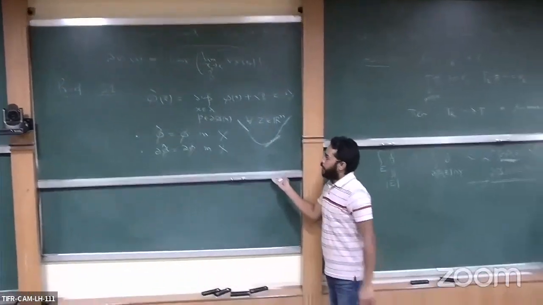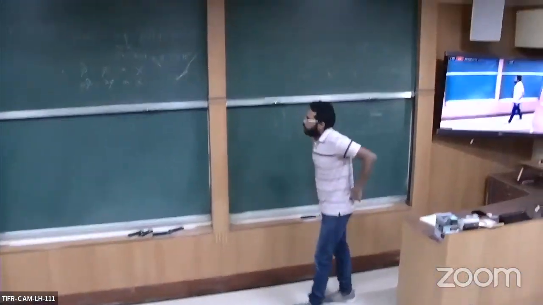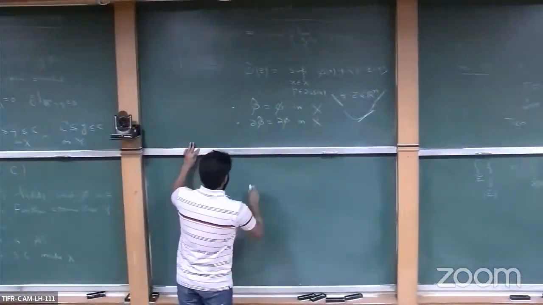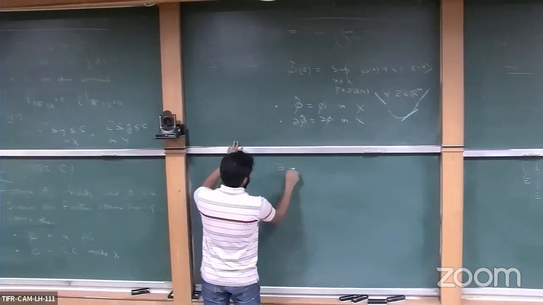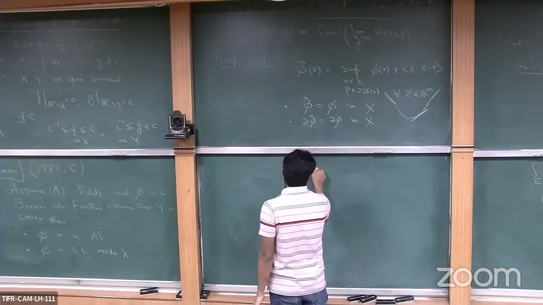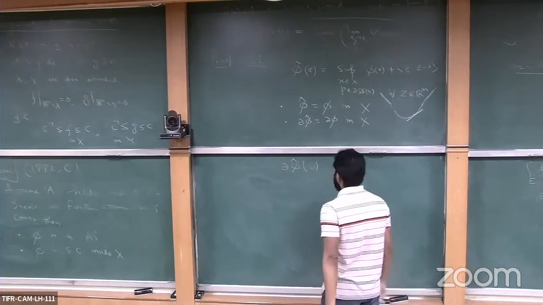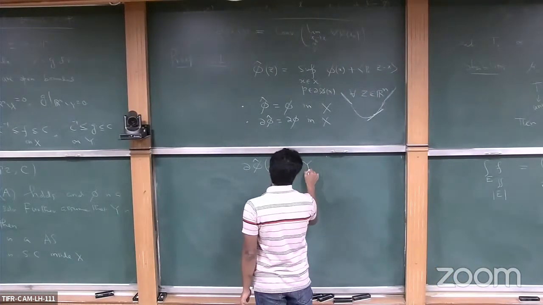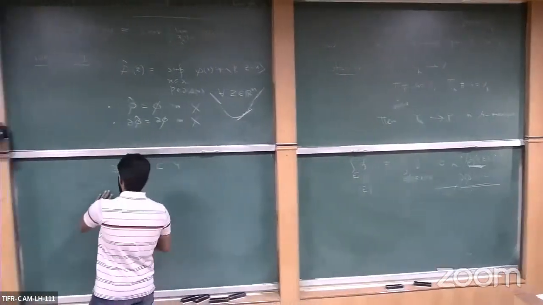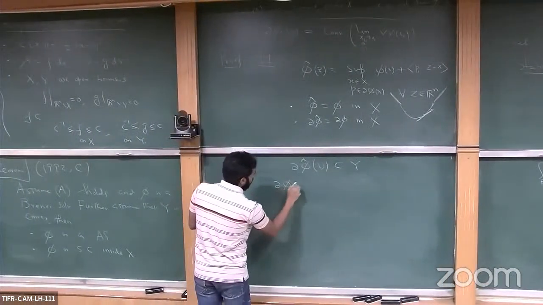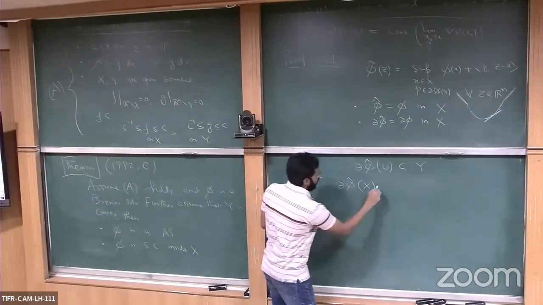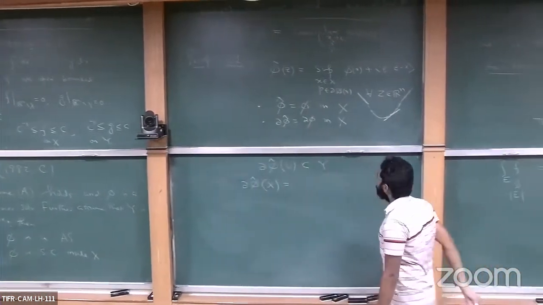So at least inside x, we know what happens, and now let us look at what happens at the boundary. Right? Now we know that the subdifferential of phi hat, which is the same as the subdifferential of phi on x, at the differentiability points lies inside y. Right? And now the subdifferential of phi hat at every point x, if you compute this one, now you use that one.